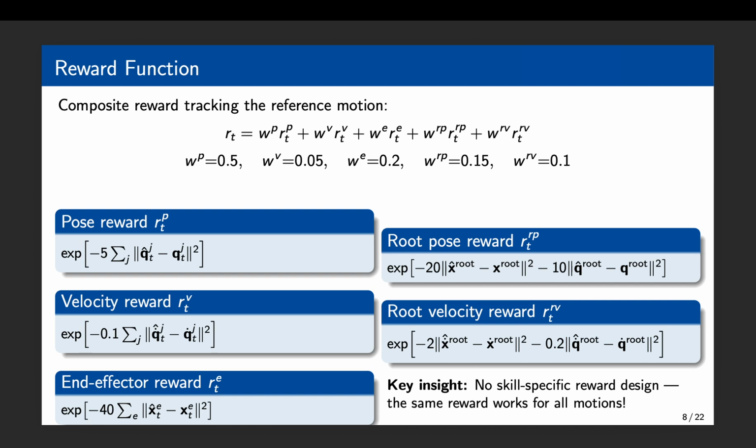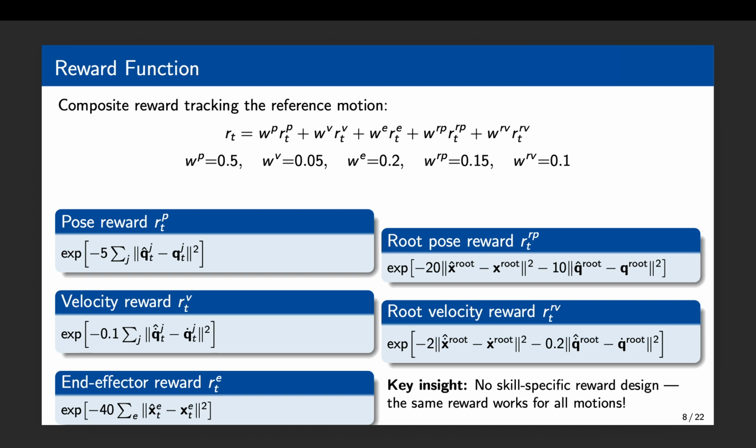The end effector reward penalizes differences in foot positions relative to the body, and the 2 root rewards track the global position and the velocity of the robot's torso. All 5 terms have the same exponential form, so they smoothly decay toward 0 as the tracking error increases.